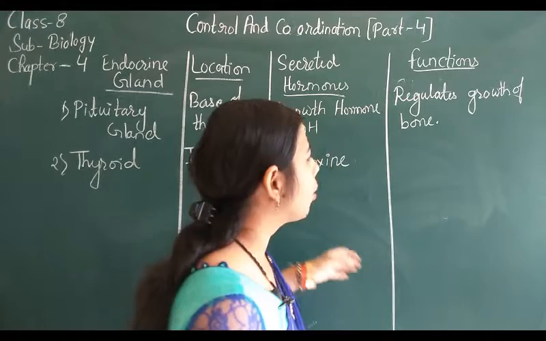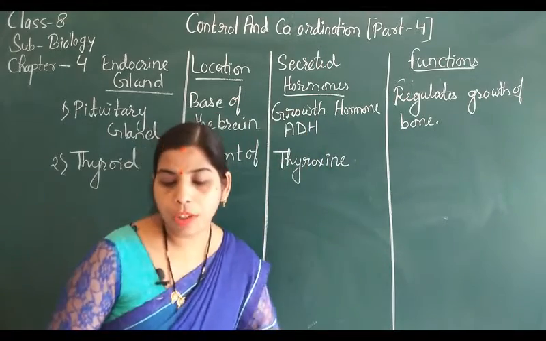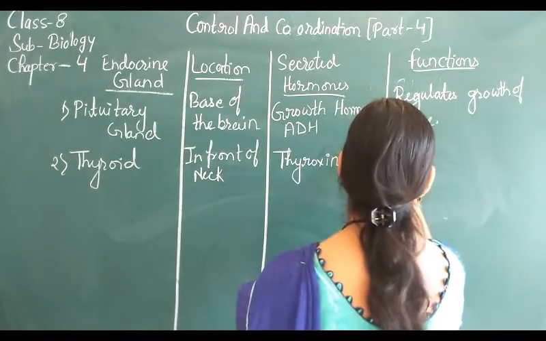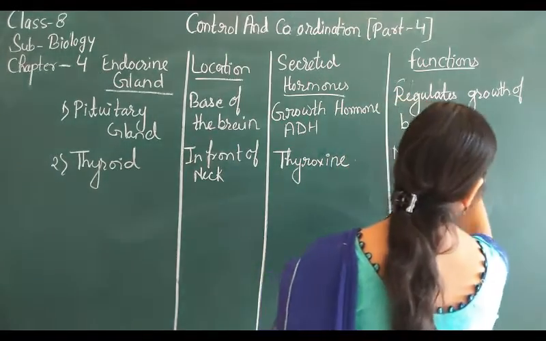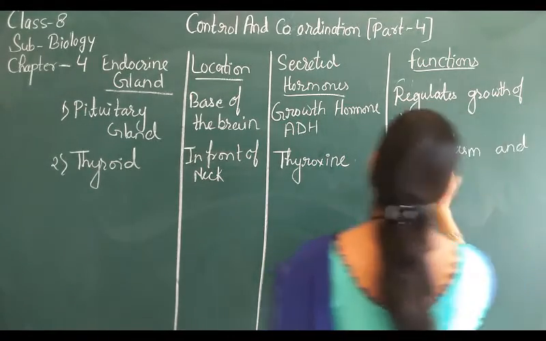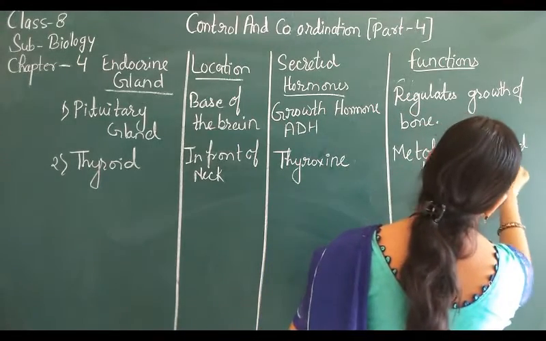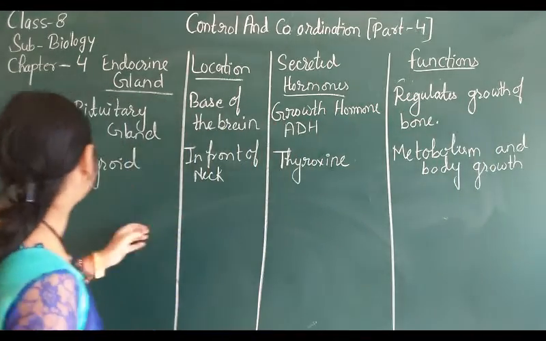Thyroxine hormone controls the metabolism and body growth. It also controls the cellular oxidation.